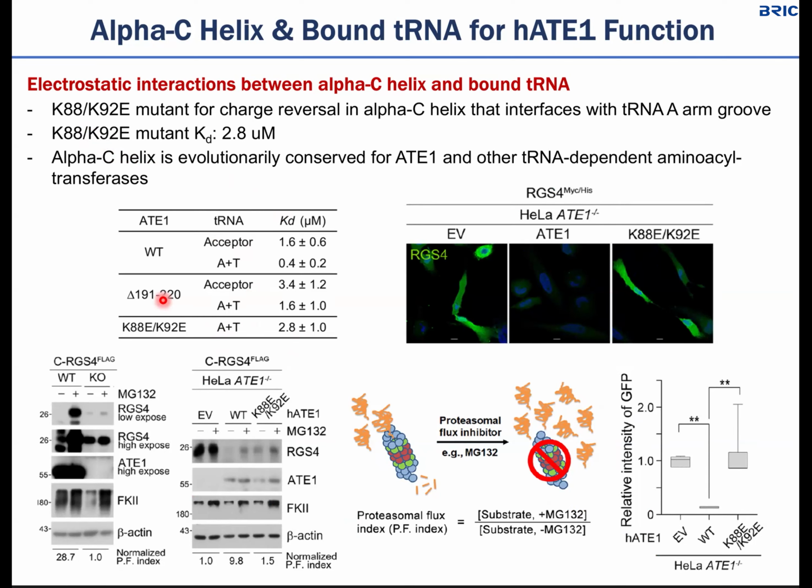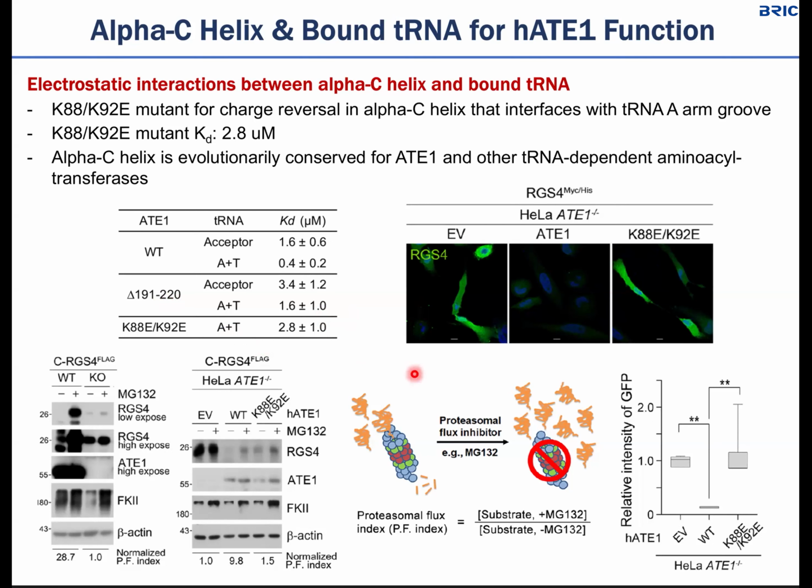This observation supports the idea that interactions with the major groove of the acceptor arm of the tRNA are crucial for its binding to AT1. And this aligns with the conserved sequence of the alpha C helix in yeast and other tRNA-dependent amino acid transferases.